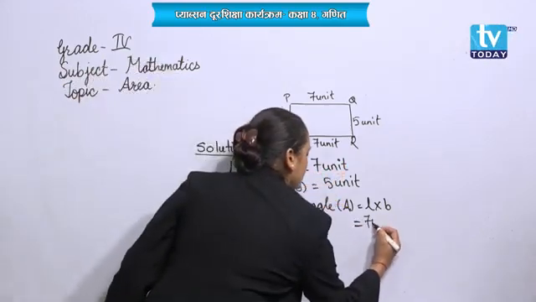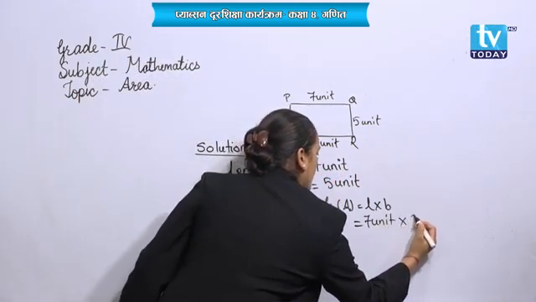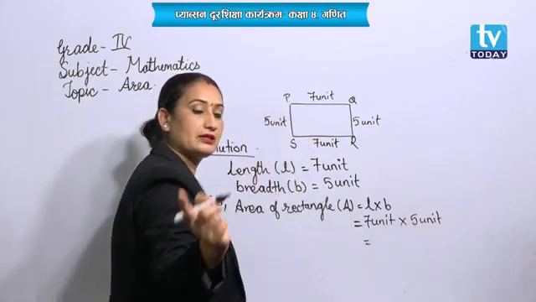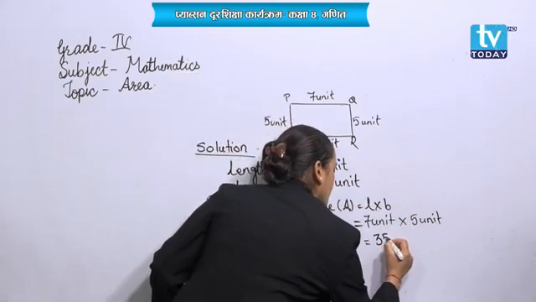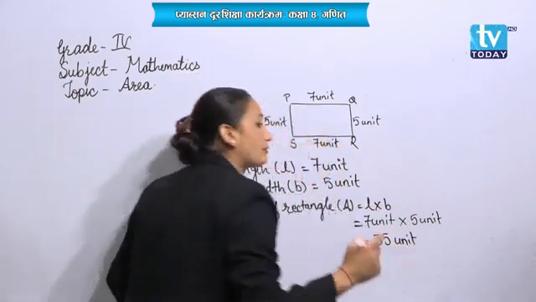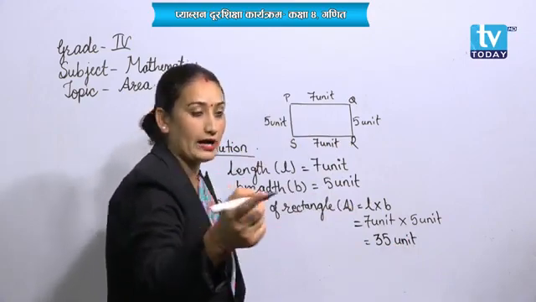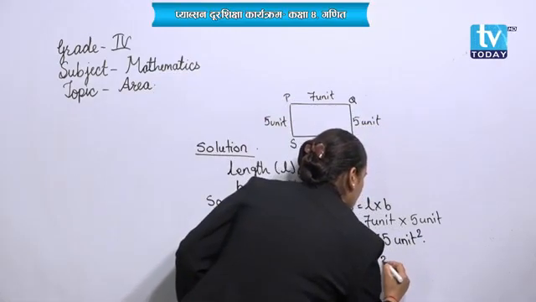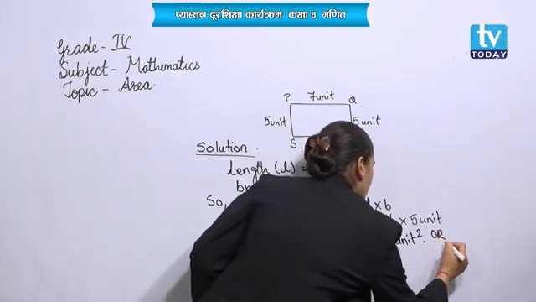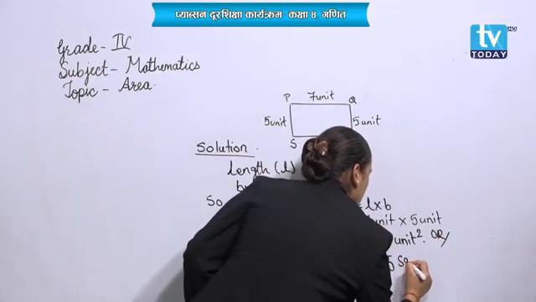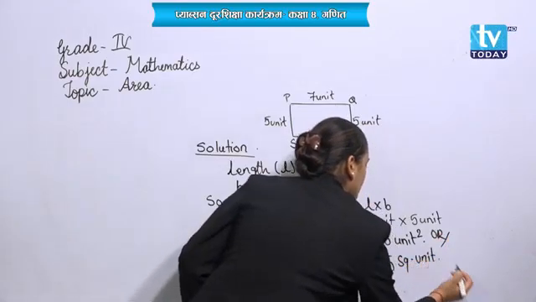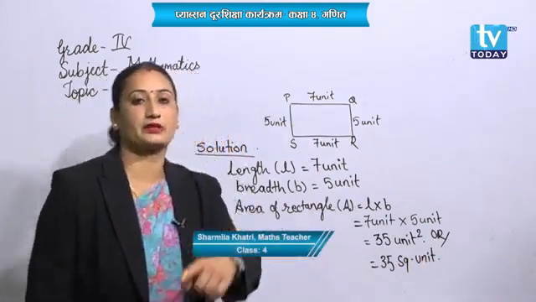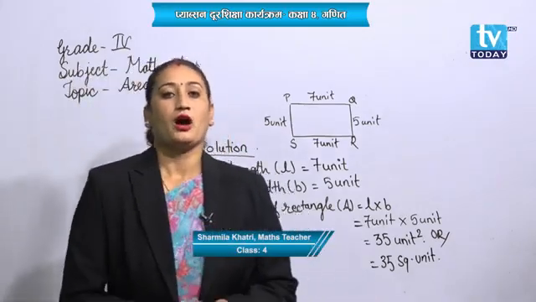So 7 units times 5 units, 7 times 5 is 35, and units multiplied give square units. This is the answer. Or you can write 35 square units. Either you can write this way or in this form. That depends on you, whichever you prefer. Okay students.